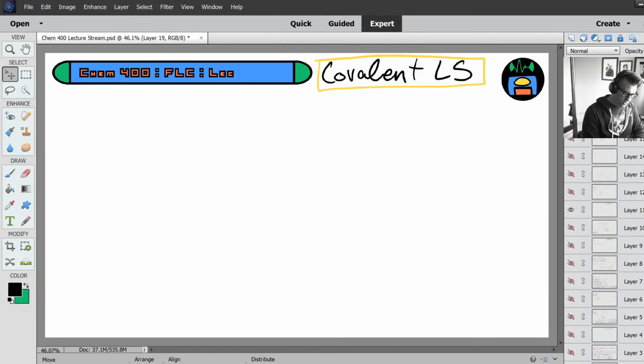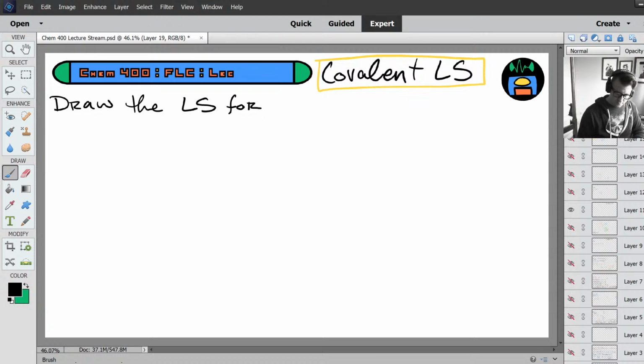Let's draw the Lewis structure for, let's do CH4. Let's do the Lewis structure for methane.